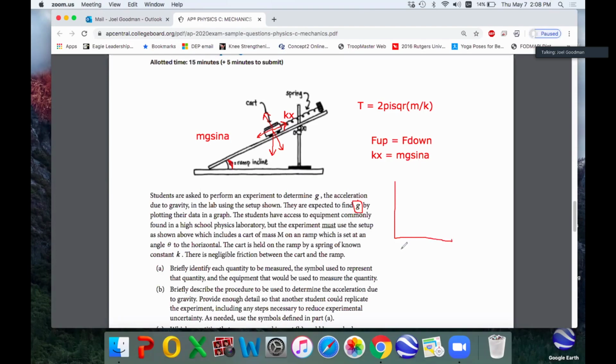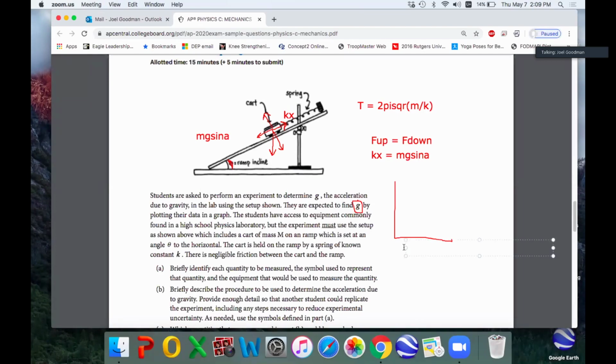What graph am I going to make then? m sin theta versus kx. Yeah, you know what I'm thinking? How about we do m sin theta on this axis? Does that make sense? Okay.